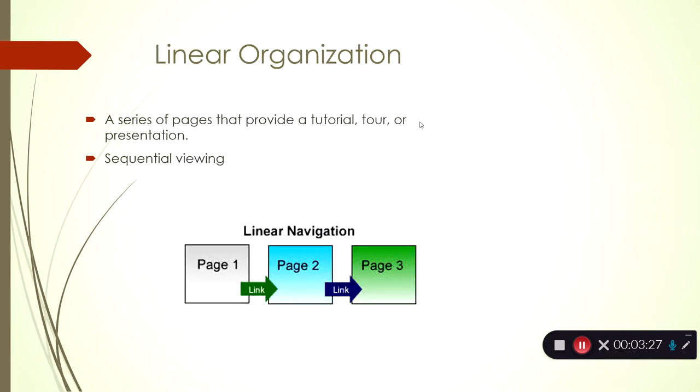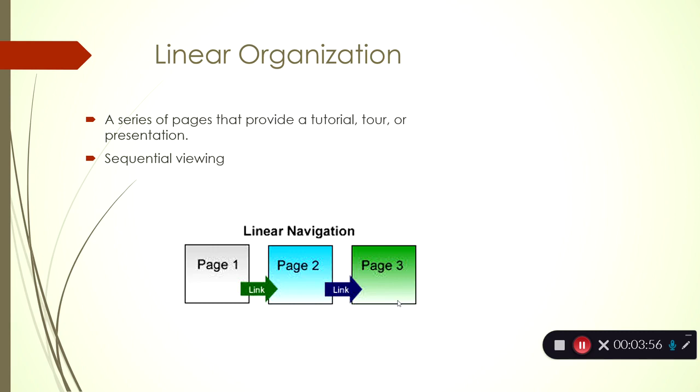The next type of organization is called linear. That means a series of pages. Once you complete this, it will let you access this link. From this link you will find the link for the next page. This kind of organization is called linear organization. It provides sequential viewing. You can think about which websites follow this kind of linear navigation.